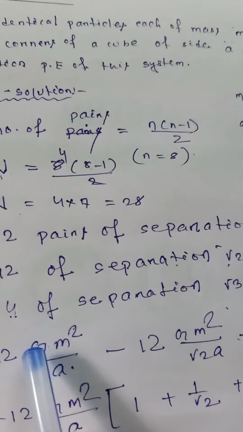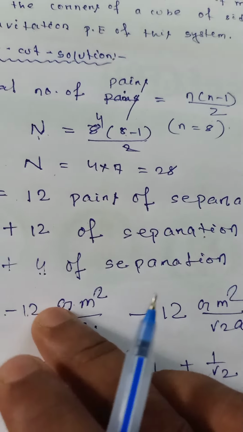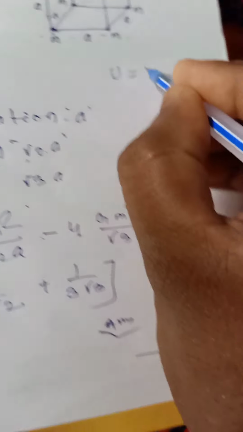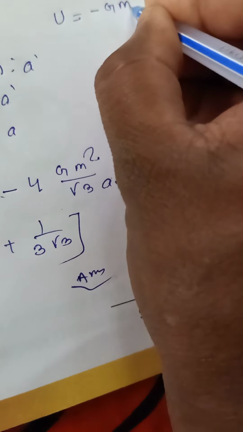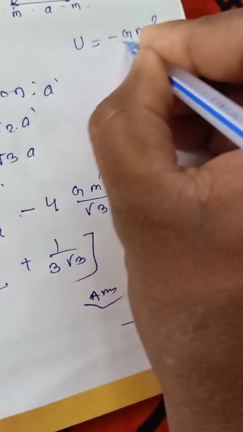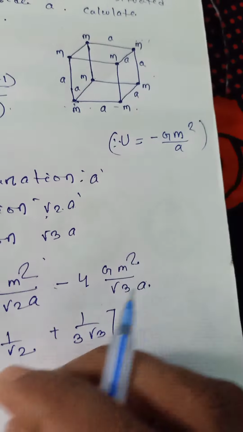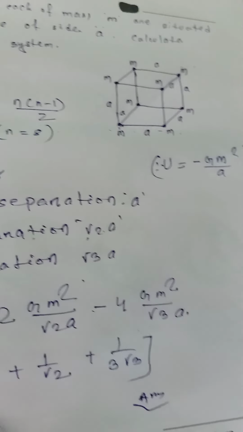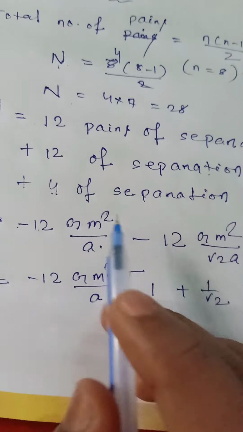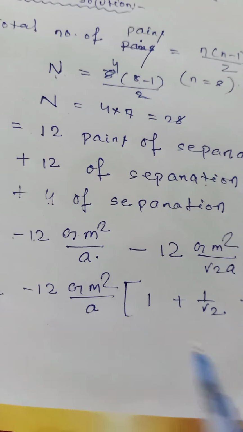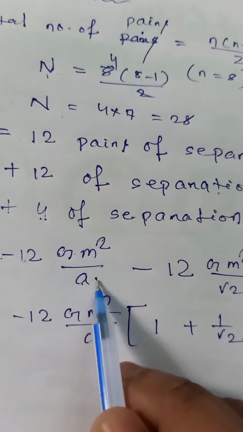Using the gravitational potential energy formula, minus G m squared divided by a, we find the total gravitational potential energy of this system. For the sides, minus 12 G m squared by a.